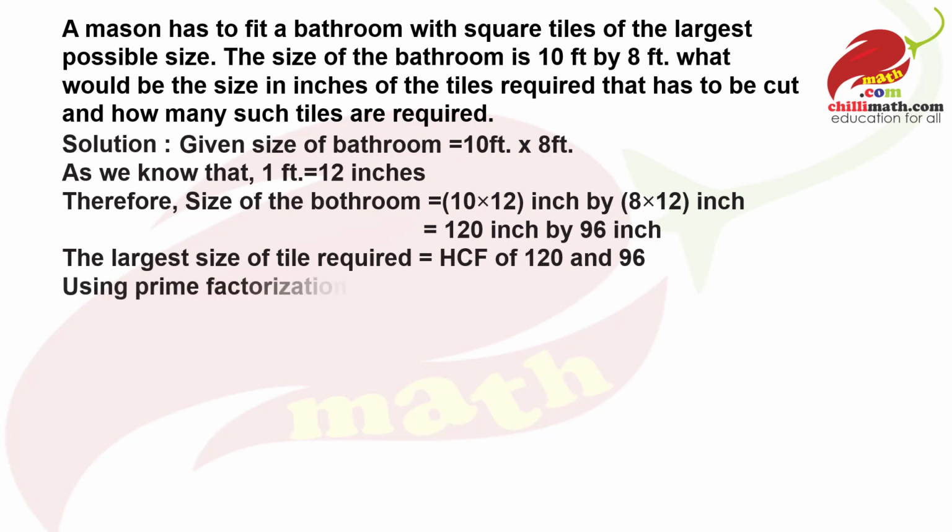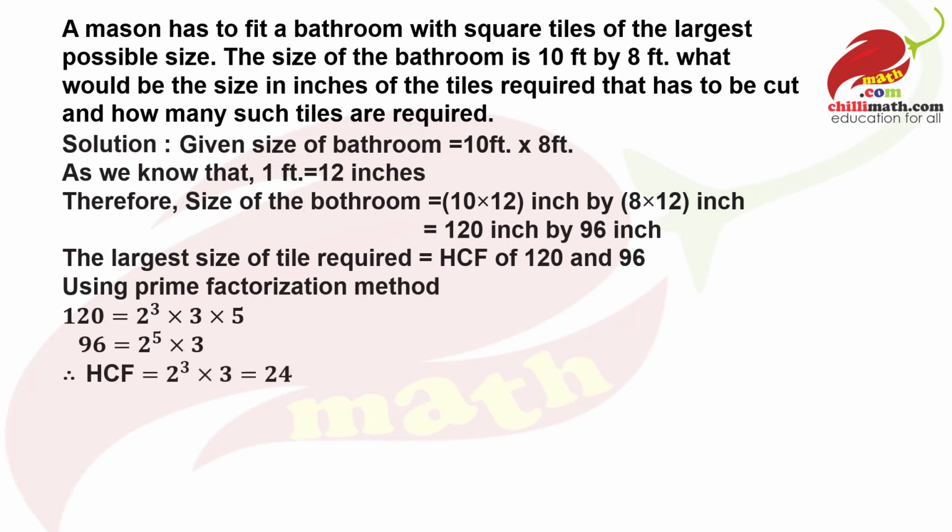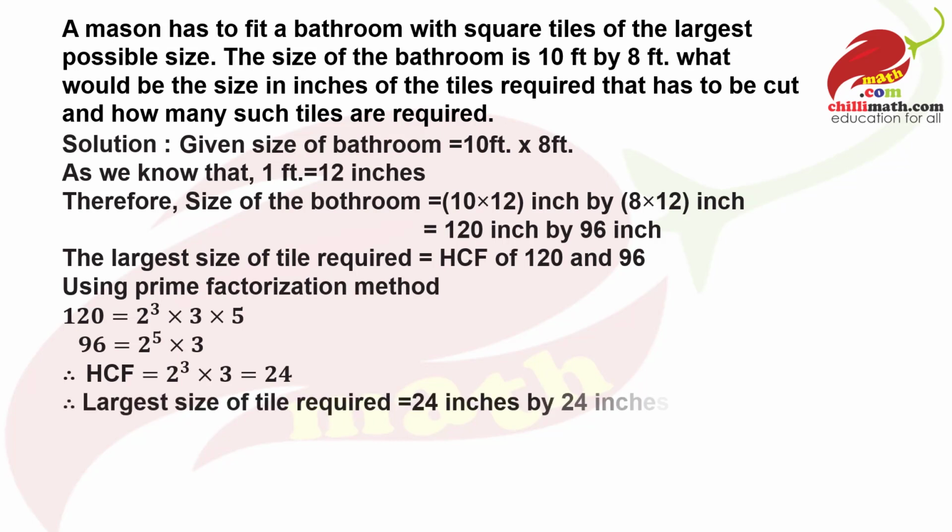Using prime factorization method, 120 equals 2 power 3 times 3 times 5. 96 equals 2 power 5 times 3. Therefore HCF equals 2 power 3 times 3 equals 24. Therefore the largest size of tile required equals 24 inches by 24 inches.